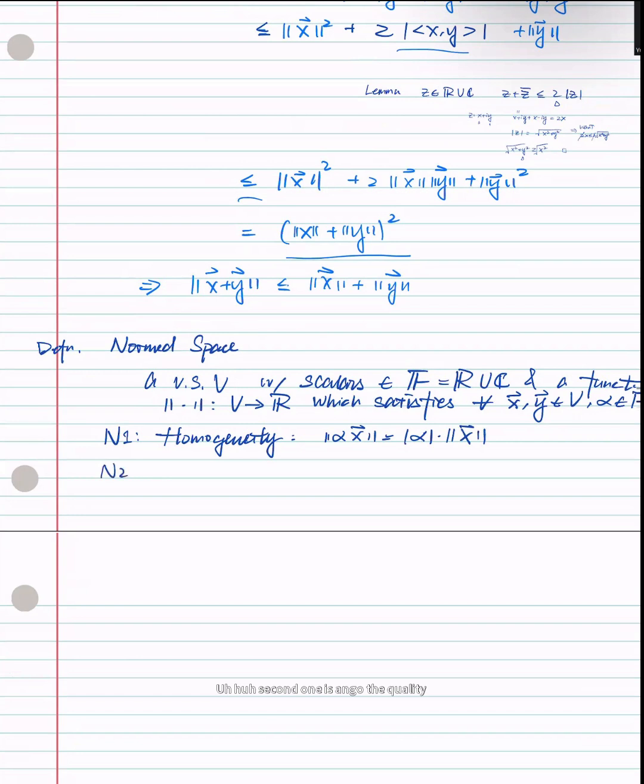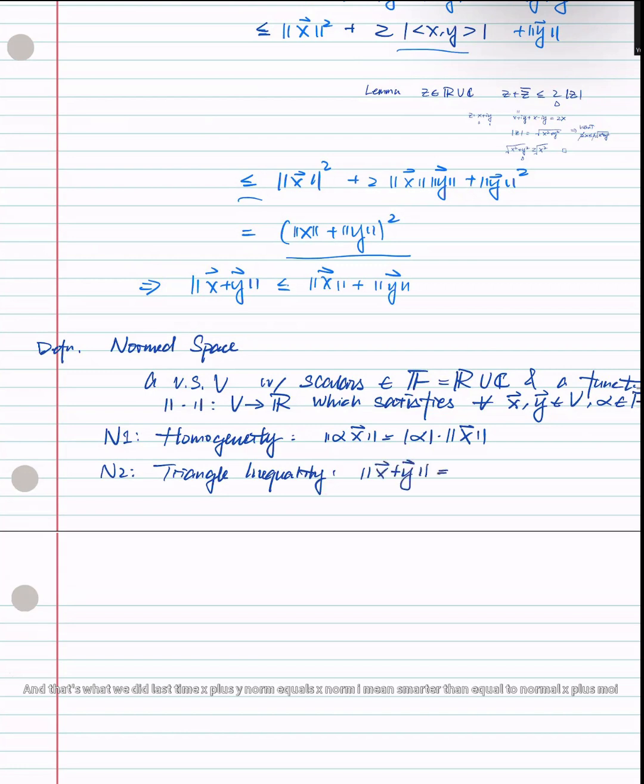The second one is the triangle inequality, and that's what we did last time. The norm of x plus y is smaller than or equal to the norm of x plus the norm of y.